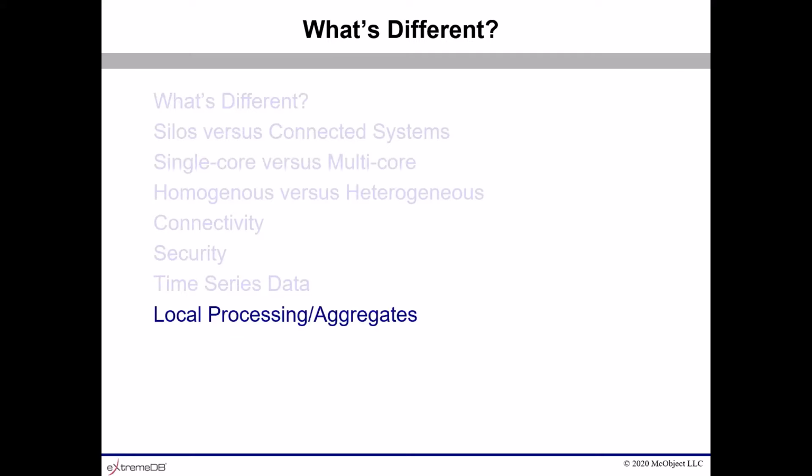Ideally, an IoT edge database system will have the ability to aggregate data and replicate only the aggregated data to gateways and servers. It's especially true when the edge device has low bandwidth and/or intermittent connectivity.